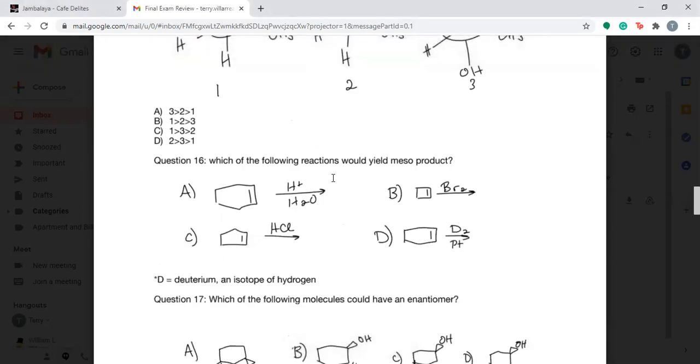Question 16. Which of the following products would yield a meso product?